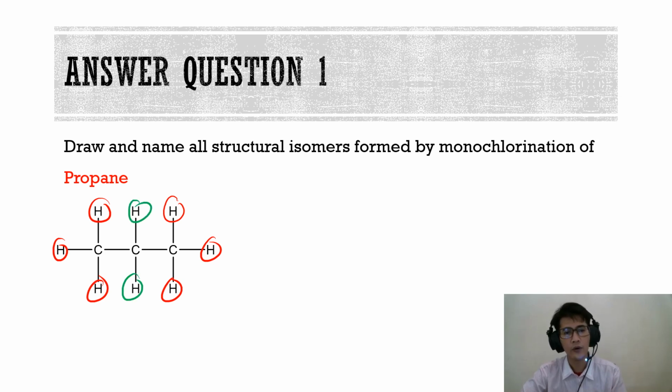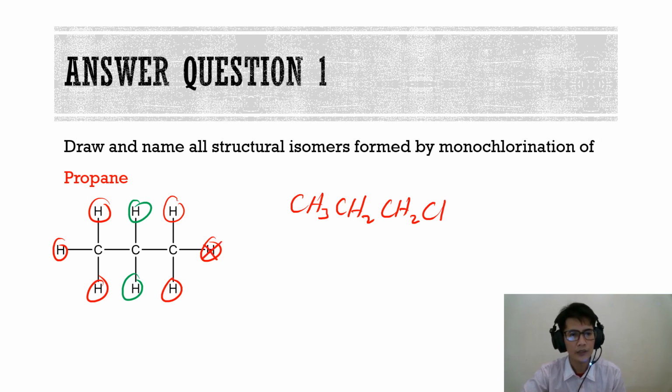Therefore there are 2 possible haloalkane products that can be formed from this compound. The first one is CH3CH2CH2Cl. We replace one of the hydrogens over here with Cl, so this is 1-chloropropane.